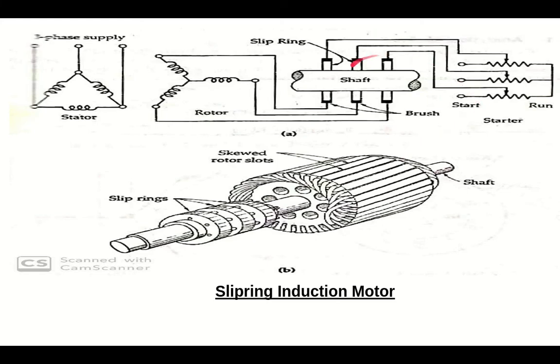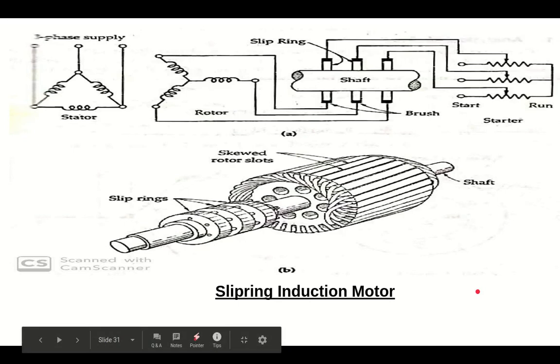The first purpose is to increase the starting torque and decrease the starting current from the supply, and the second purpose is to control the speed of the motor. That's why this type of motor is known as a slip ring induction motor.